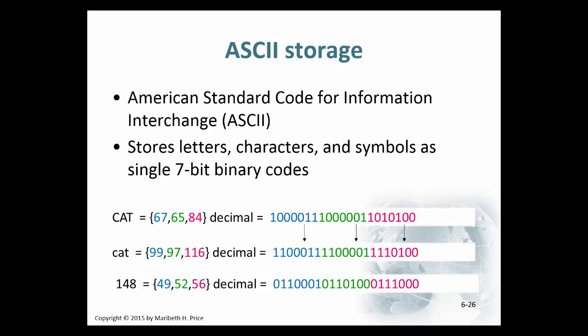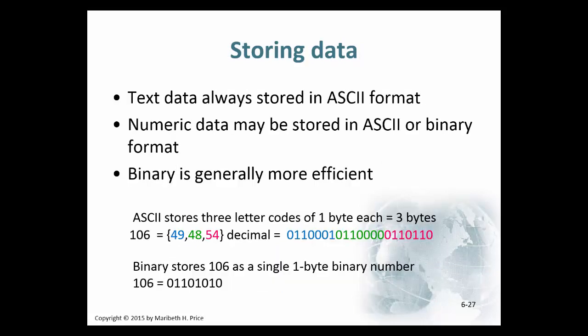ASCII is an acronym for American Standard Code for Information Interchange, which stores letters, characters, and symbols as single 7-bit binary codes. Text data will always be stored as ASCII. Numeric data can be stored as ASCII or binary, with binary being more efficient.